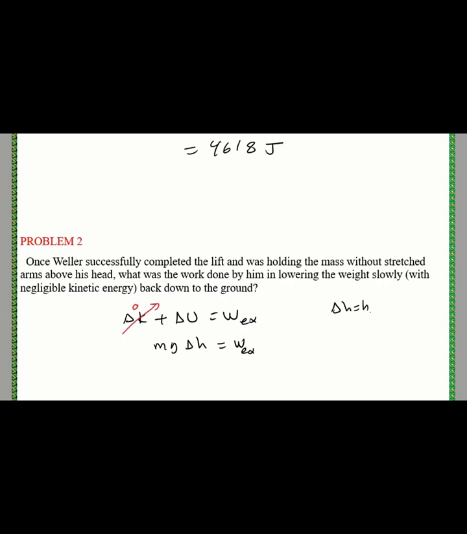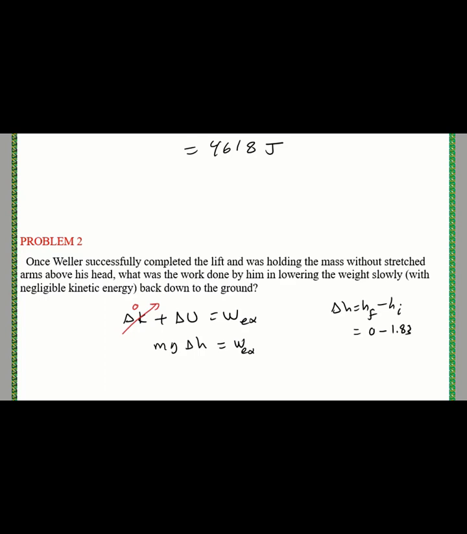It is H final minus H initial. Final is 0 because it comes downward to the ground, minus 1.83.